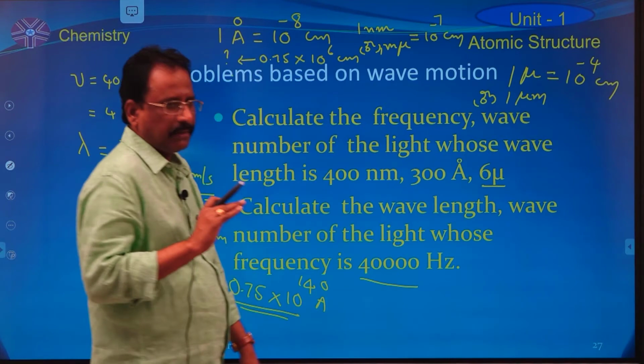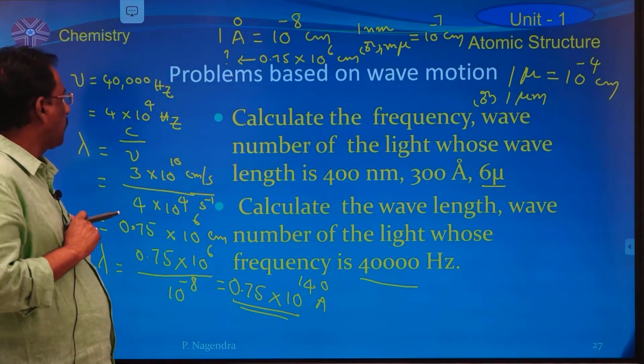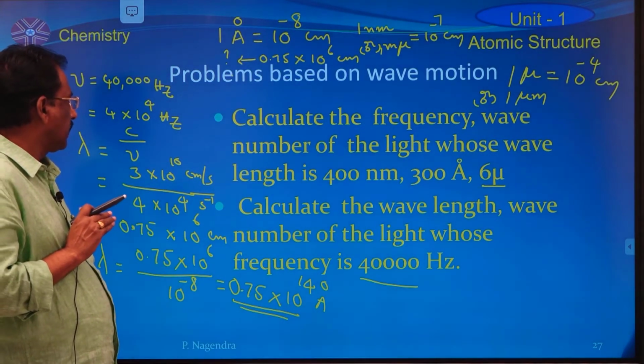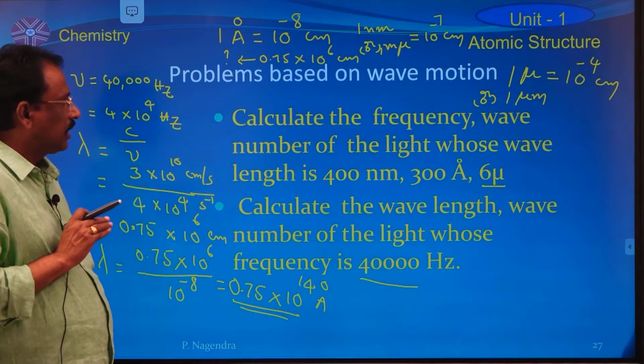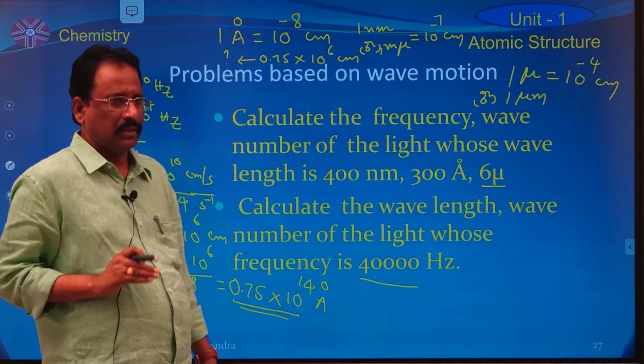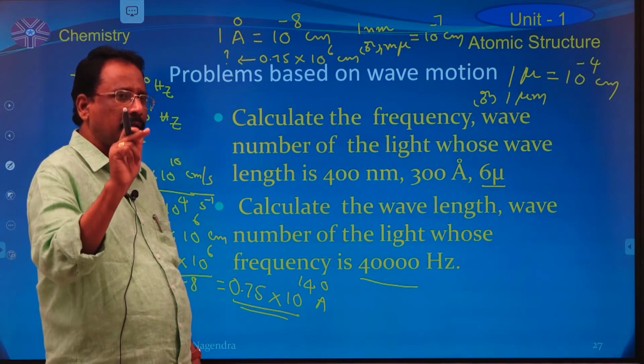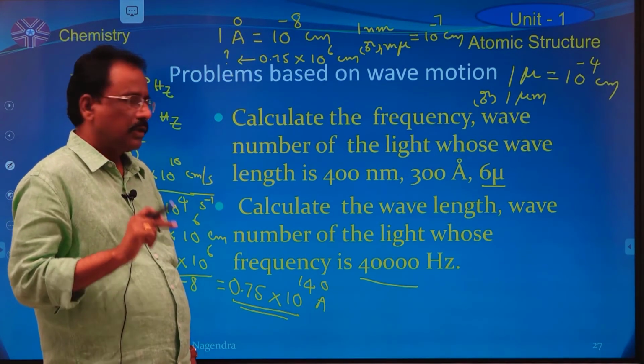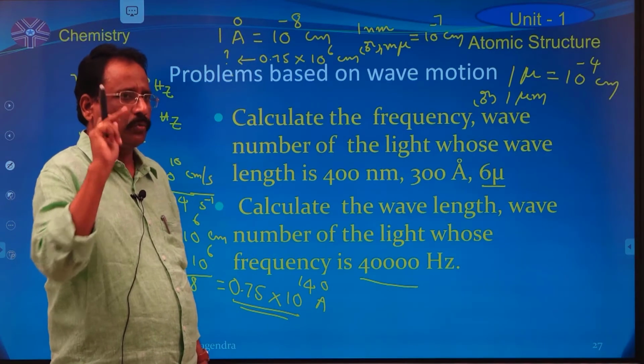You should remember this compulsorily. A very important formula used in this topic is: the product of frequency and wavelength is equal to the velocity of the light. 1 by lambda is equal to nu bar. Nu by c is equal to nu bar.